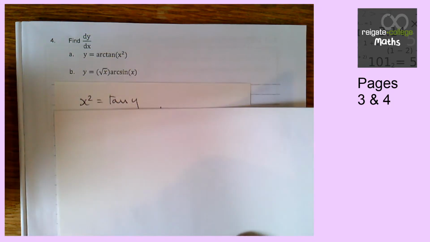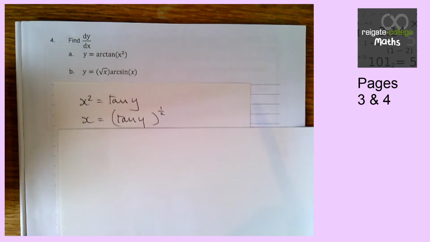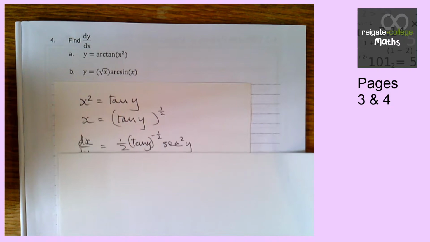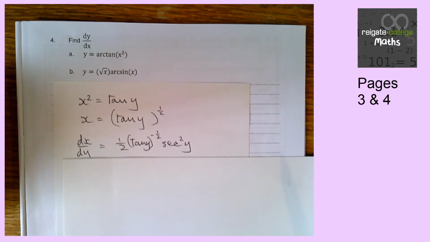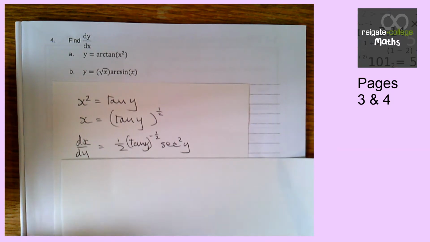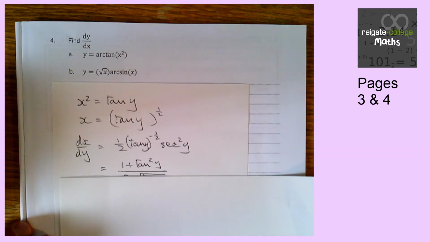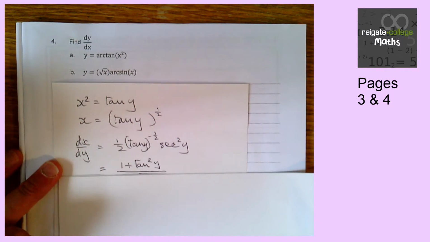But one thing that we could do here is we could write x squared is equal to tan of y. Then x is the square root of tan of y, so that's tan of y to the power of a half. We can then differentiate using the chain rule. dx by dy is equal to tan y to the power of minus a half times sec squared of y. We can use a trig identity. Sec squared of y is 1 plus tan squared y. So I've put that on top of my fraction now.